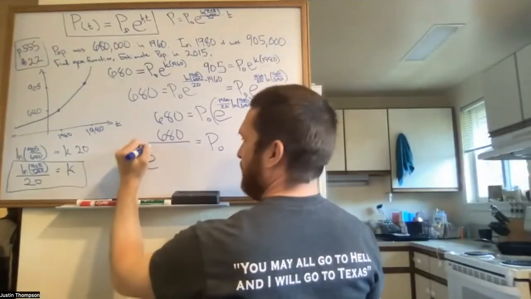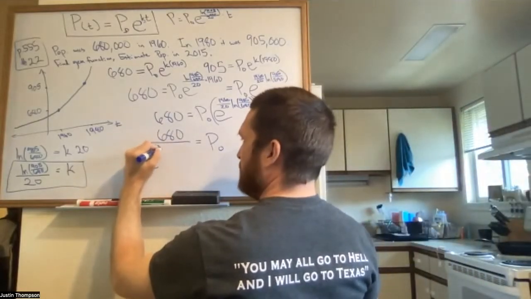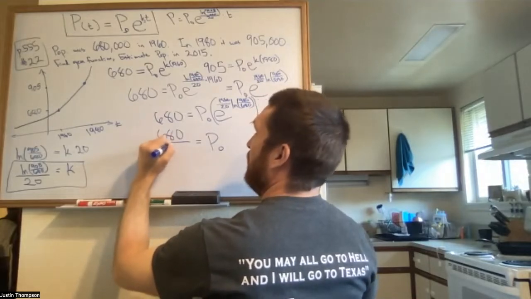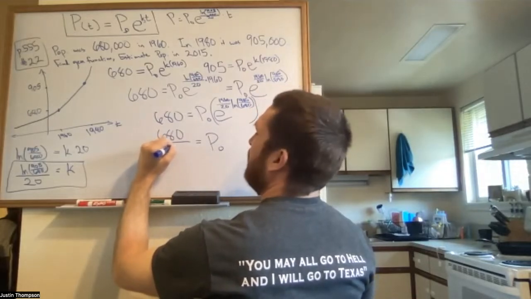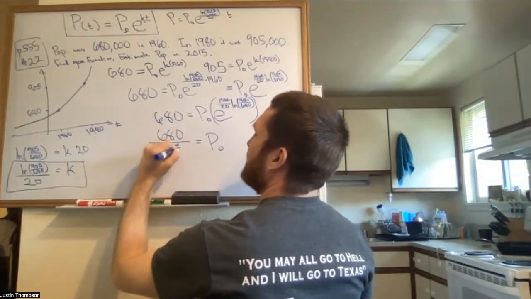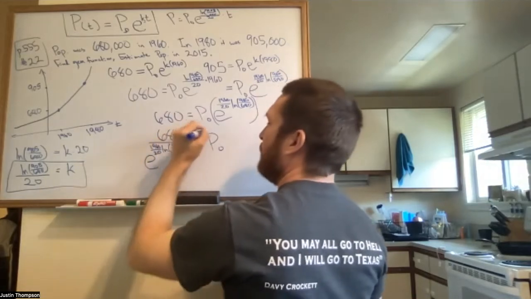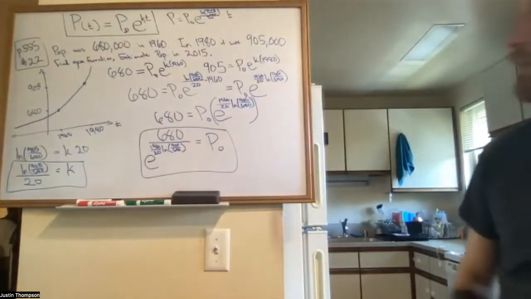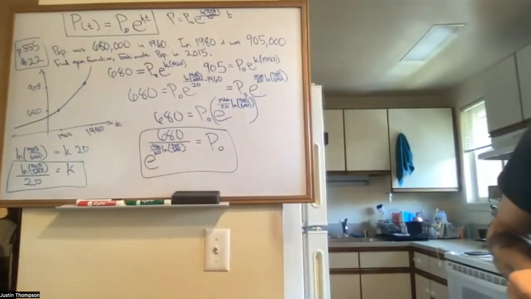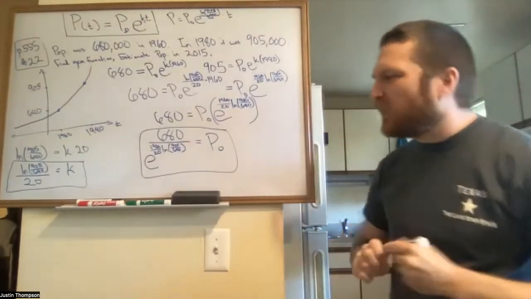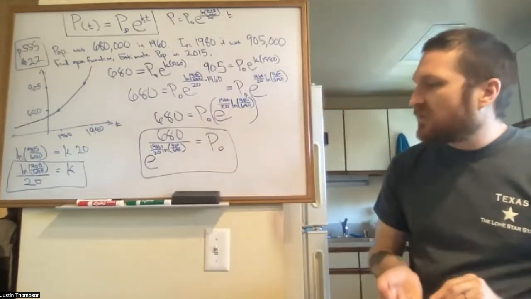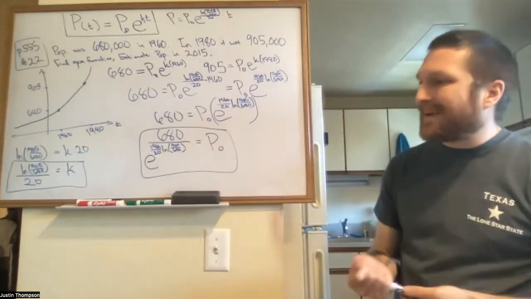And we'll take care of that. 1960 over 20 times log of 905 over 680. That is equal to P0. So I found now the two constants that I needed to find. It looks horrible. I get that, and I'm sorry. It looks horrible, but this is an exact answer.